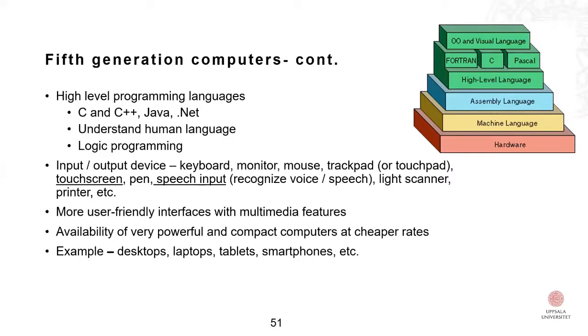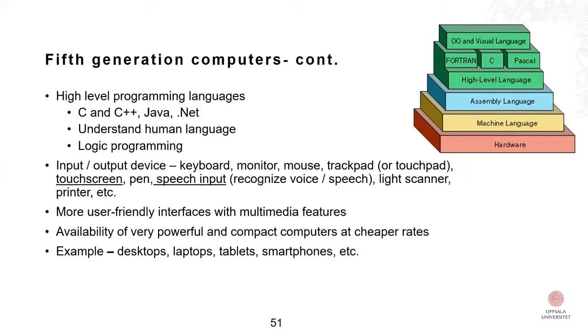And for input and output devices, besides keyboard, monitor, mouse, etc., that we had before, we have now touch screens, we have speech input, because computers are to some extent understanding human language.